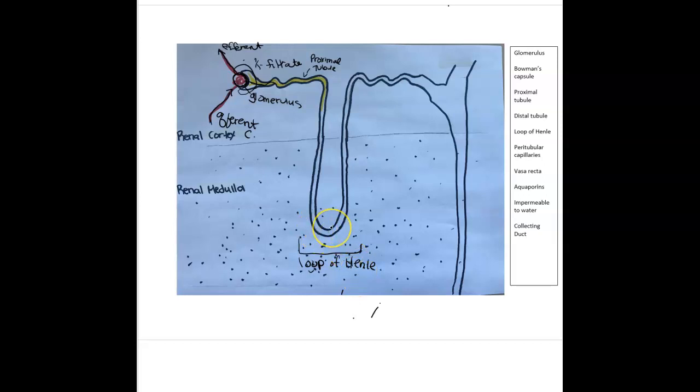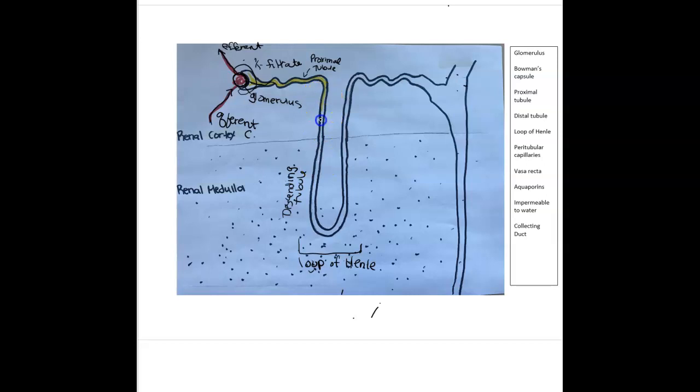And so this is going to be, and this should make sense, the descending tubule. And this is also going to make sense.